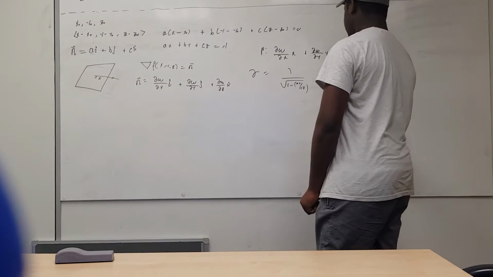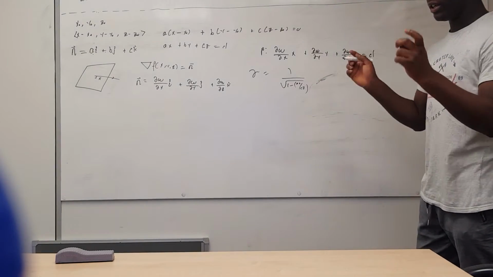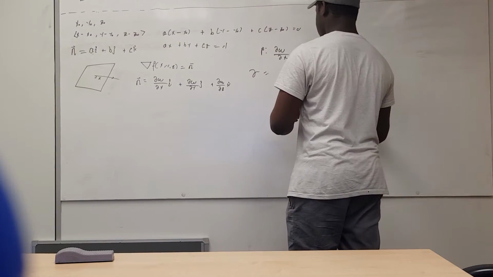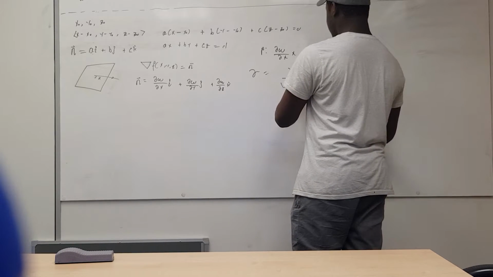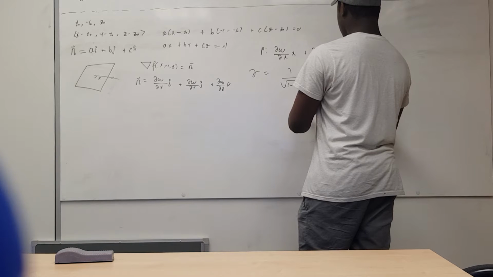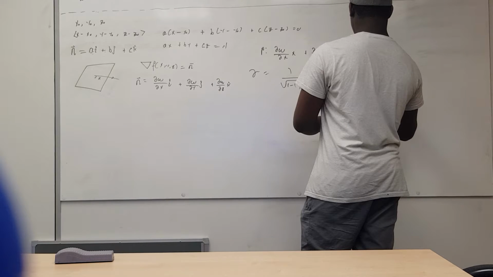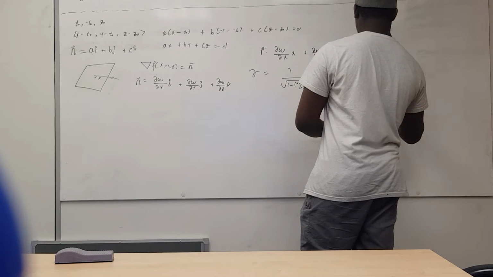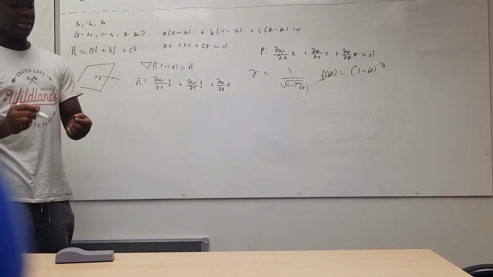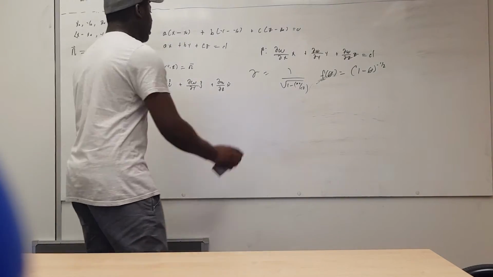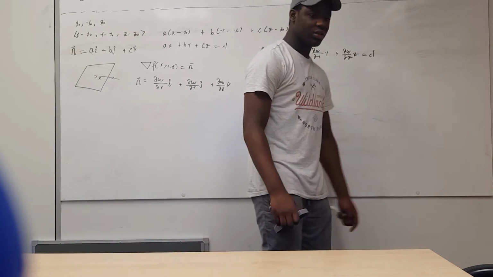The binomial series is like 1 plus x to the power k, and this can be written as a function of, let's call this whole thing phi, 1 minus phi to the negative 1/2. So it's something like that, because the binomial series is like a function of x equal to 1 plus x to the power k. And we use k to know whether the function is divergent or convergent.